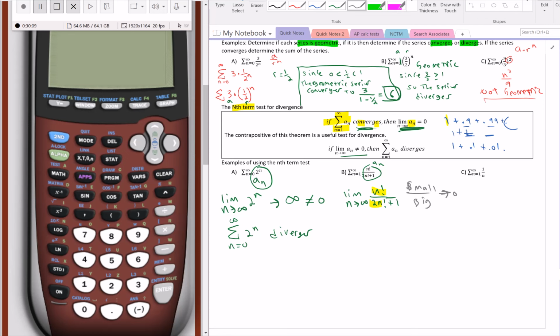It doesn't mean that for sure it converges, right? Just because this limit is 0 does not mean that it for sure converges. All that we know right now is that it fails this test, and we would have to check some other methods to figure out what it does.